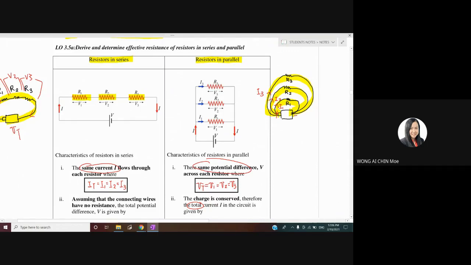Therefore, the potential difference across each resistor is the same because each is directly connected to the positive and negative of the battery. So we write V total equals V1 equals V2 equals V3.